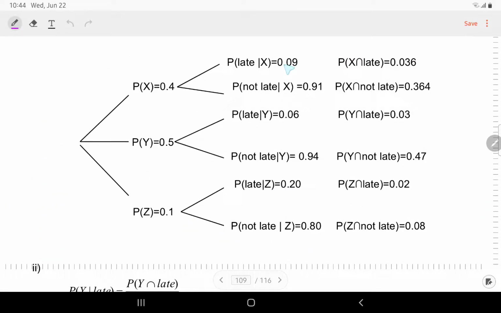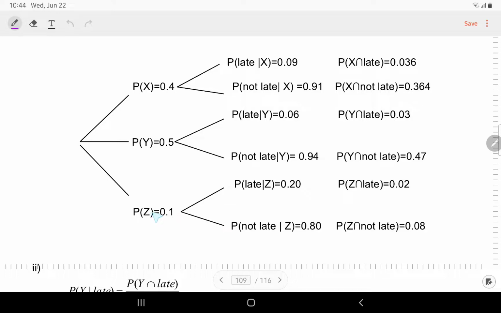So dekat sini 0.09 sebab dia kata tadi 9% lambat. So kalau 0.09 late, yang akan jadi not late adalah 0.91 lah. Okay, untuk Y dia kata dekat dalam statement tadi yang late dia adalah 6%. So which is 0.06 late, and not late 0.94.